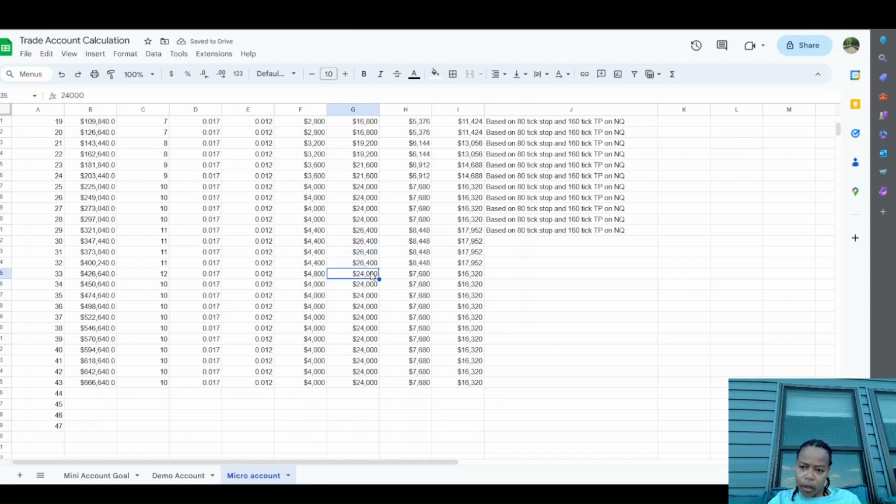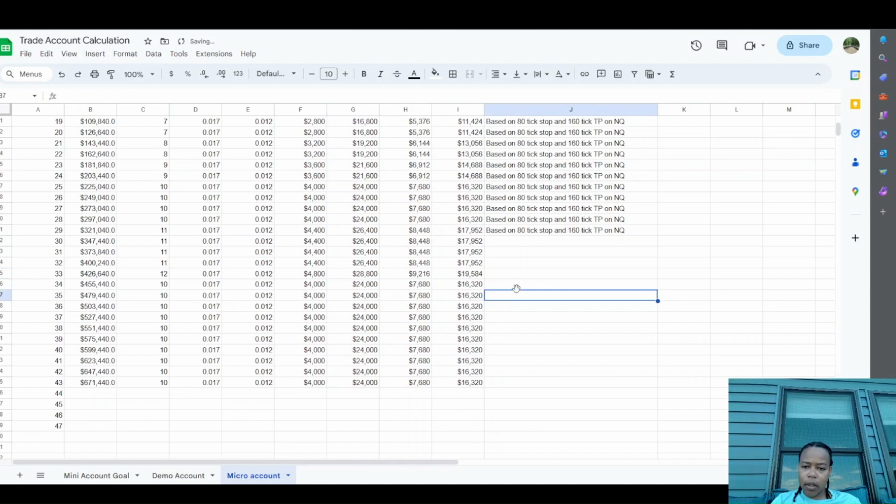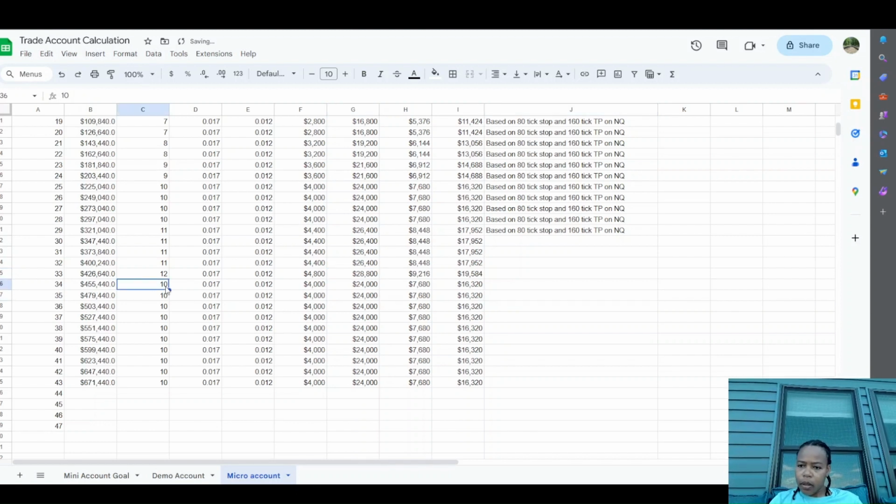And then at 12, I don't want to go above 15 contracts. I don't know. This is a small fruit to work with. It's 9,600 times 3. It's 28,800. 12 contracts.